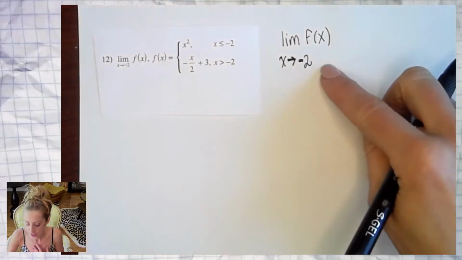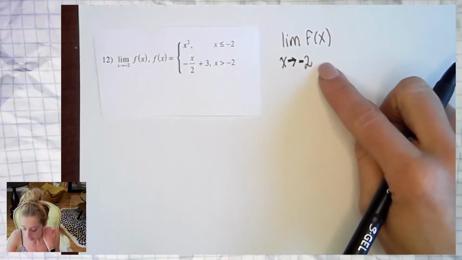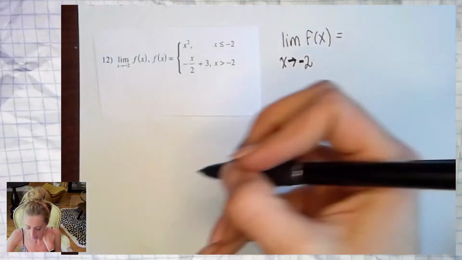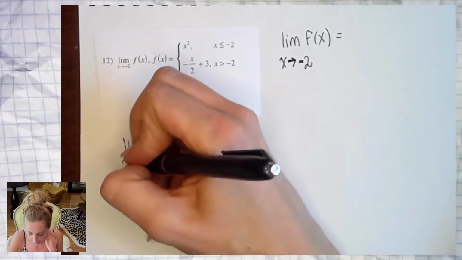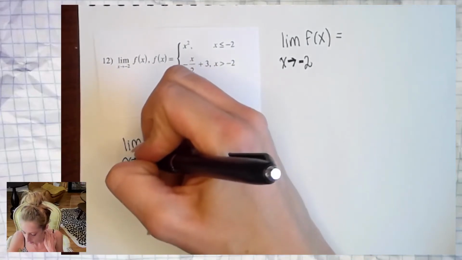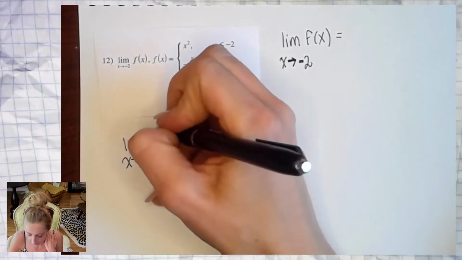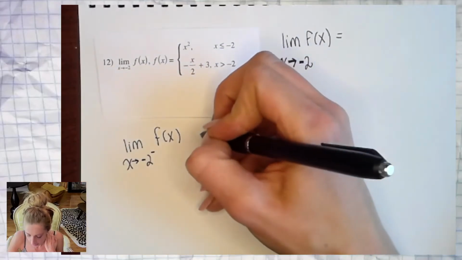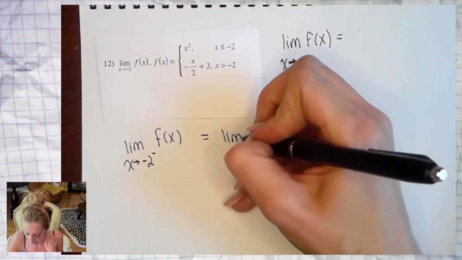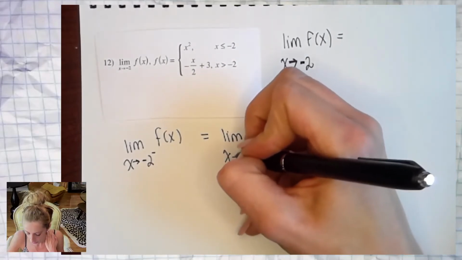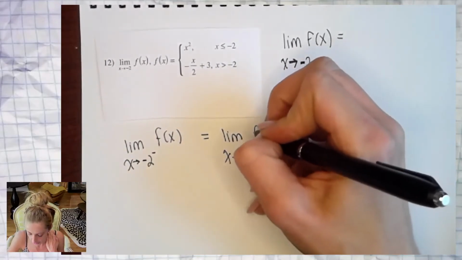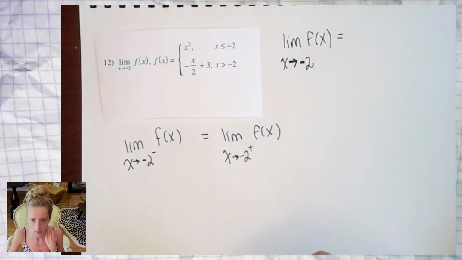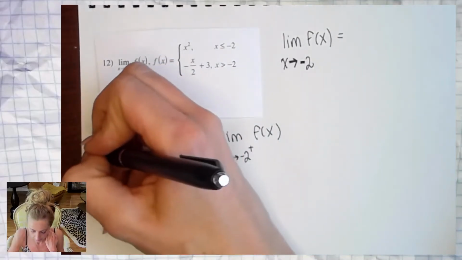So in order for this limit to exist and have an answer, that really means that the limit as x approaches -2 from the left of f of x equals the limit as x approaches -2 from the right of f of x. If they're equal, the limit exists, right? They match up.